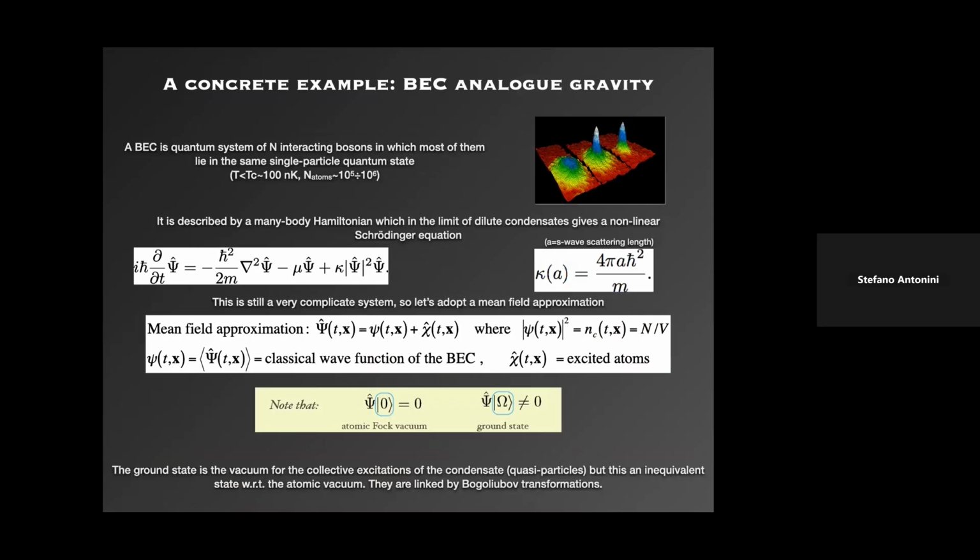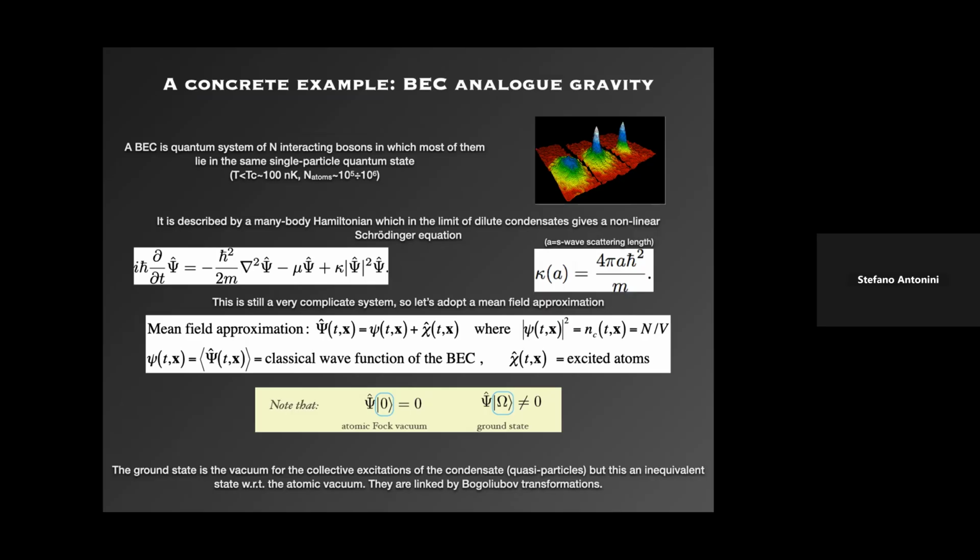The system I've been most looking at is the Bose-Einstein condensate. Bose-Einstein condensates have a decisive advantage with respect to the systems I showed you, because they are very easy to control and they are intrinsically quantum systems.